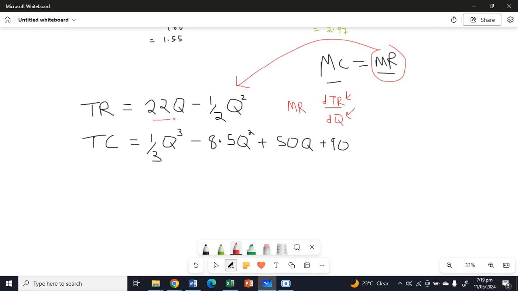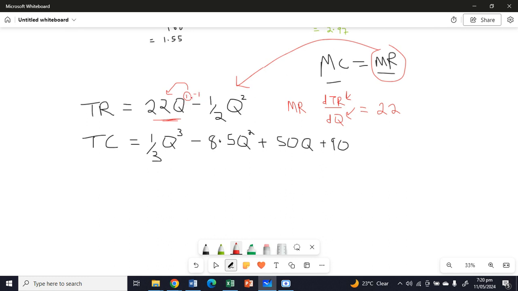So we start with this 22q here. This is 22q to the power 1. When you're deriving, the exponent 1 multiplied by the coefficient 22, 1 times 22, that is 22. Then the same exponent, you subtract a 1 from it. 1 minus 1 is 0.